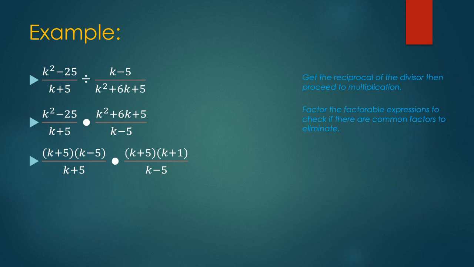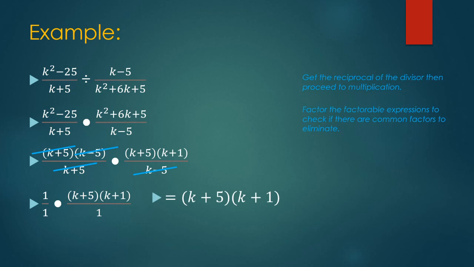Then, we will eliminate the common factors now. The common factors are k plus 5 and k minus 5. There, you can see, ang natira na lang ay k plus 5 times k plus 1. So, the final answer is the product of the binomial k plus 5 and k plus 1. Simplifying further, that's the final answer.